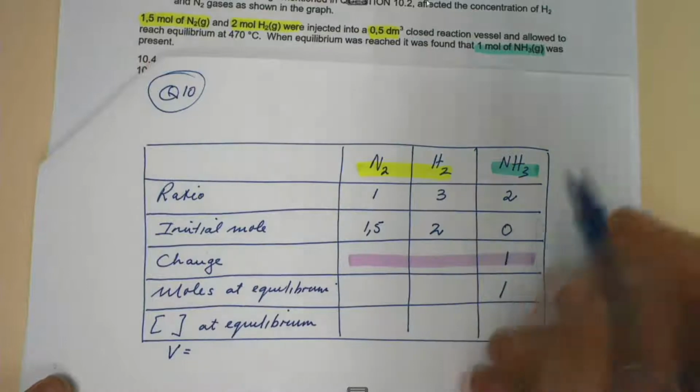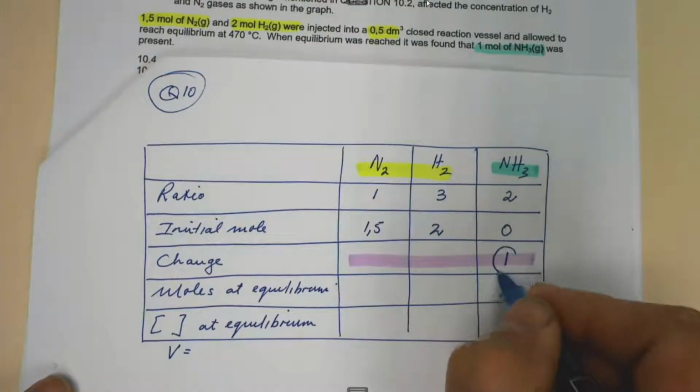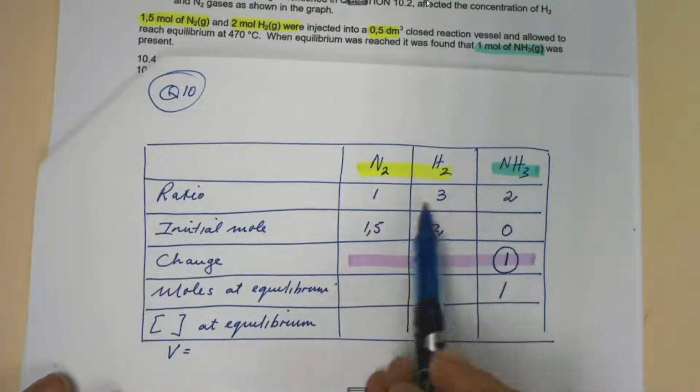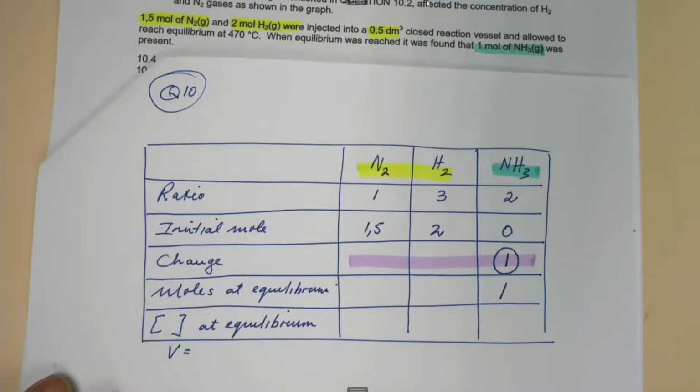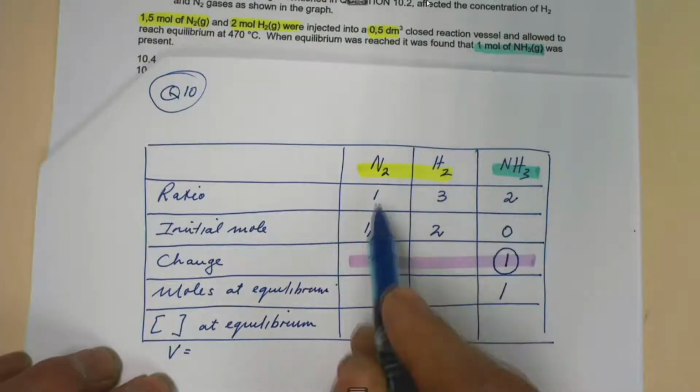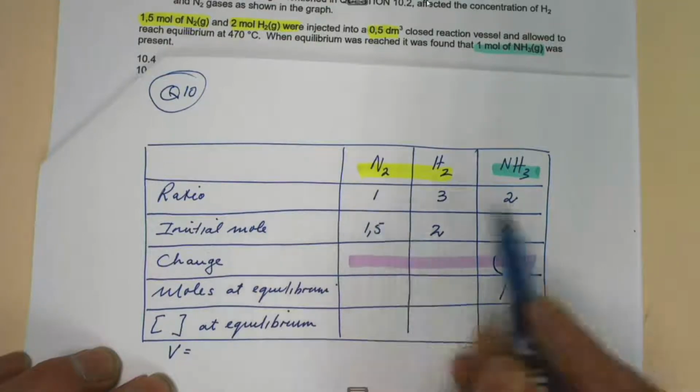All right, so I have identified that first one there that I really need. Now I can figure out the change using my balanced equation. Okay, so if I use my balanced equation, then I see that 1 mole will give me 2 moles of this.